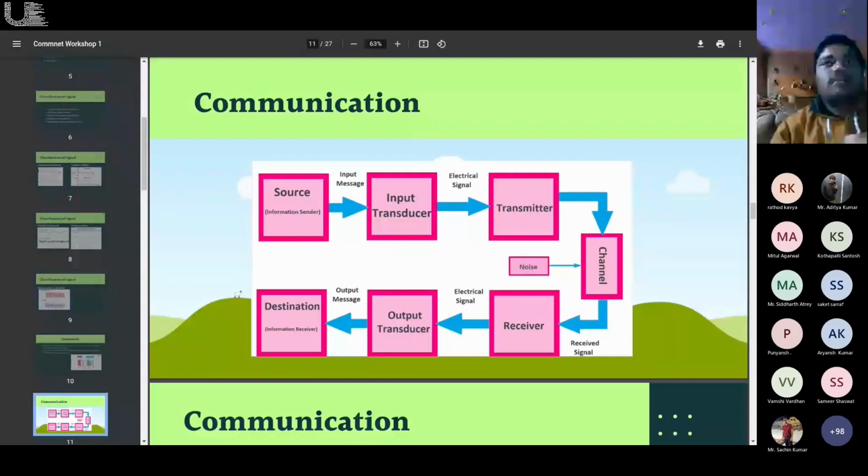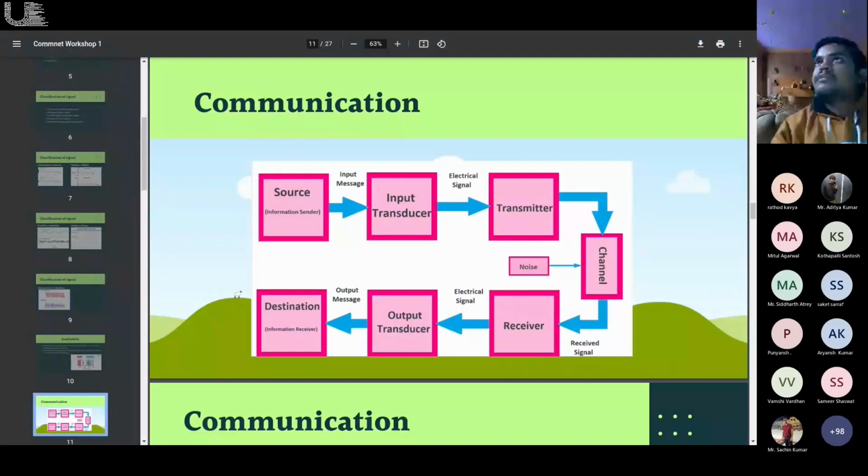So there, someone is using a mic, and the wire from that mic is directly connected to the speaker, right? There we don't need to convert the electrical signal into any other signal, because there is a wire which can transmit those electrical signals from the mic to your speaker, right? Everyone understood?